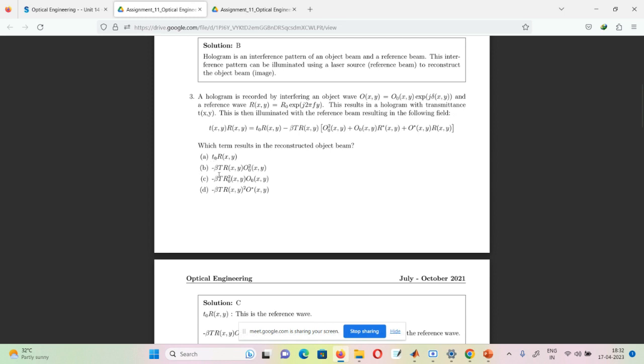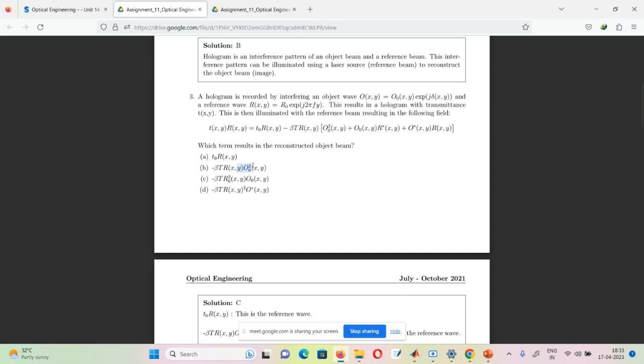Next, some beta factor into T into R of xy into O naught square xy. Here you can see that some information about the object is coming because O naught square is there, but there is a problem. Does O naught square contain any phase information? No, it will not have any phase information.